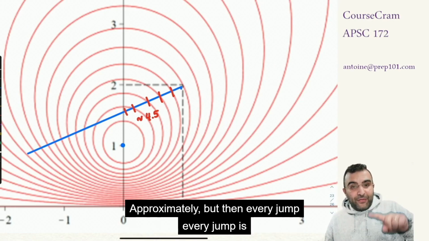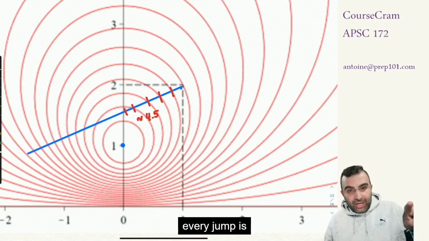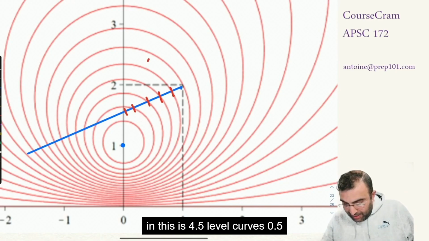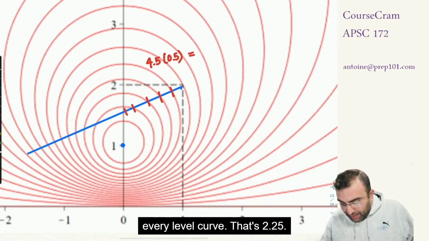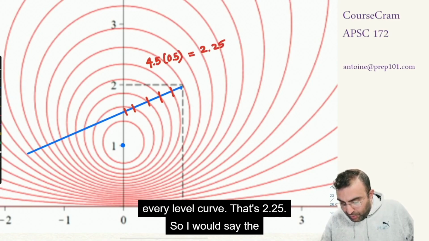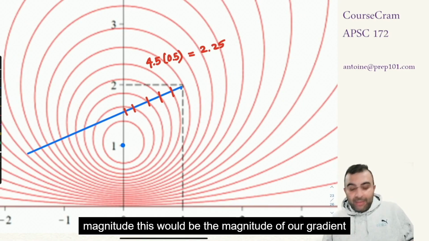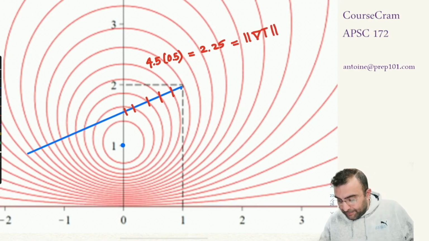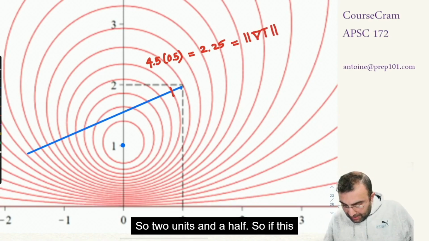But then every jump is 0.5. So the rate of change in this is 4.5 level curves, 0.5 every level curve. That's 2.25. So I would say this would be the magnitude of our gradient of T. So 2.25 units.